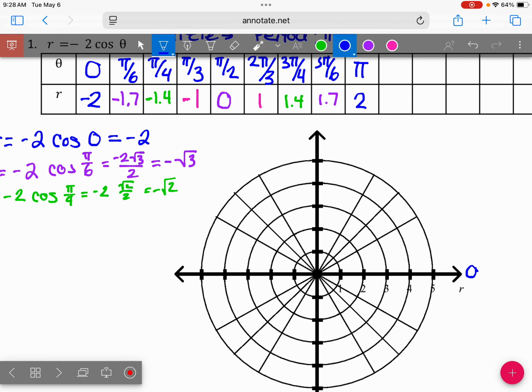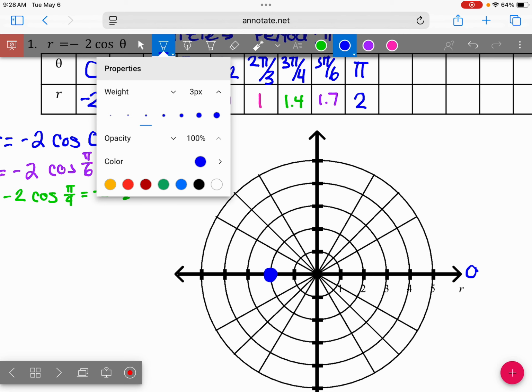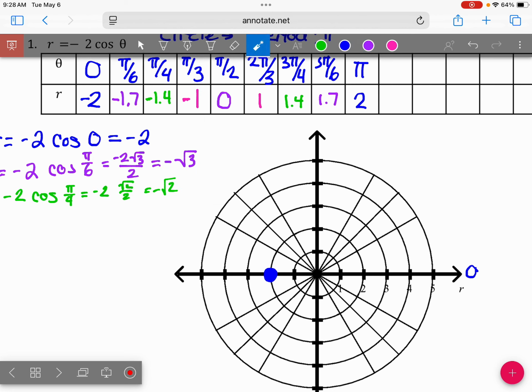That is this point right there. Then we're going to have our pi over 6, so this angle, with our radius of -1.7. So we're going to go the wrong way, slightly less than 2. So right there.